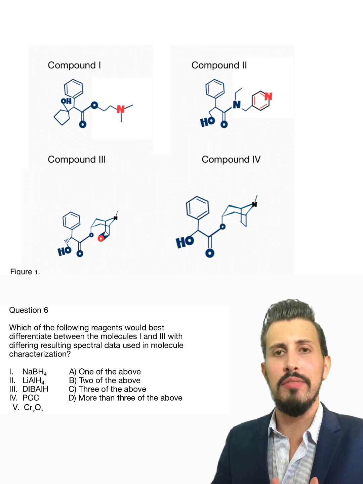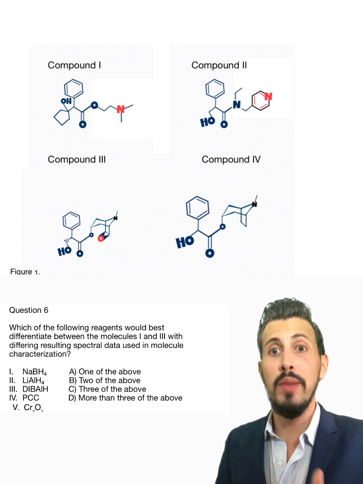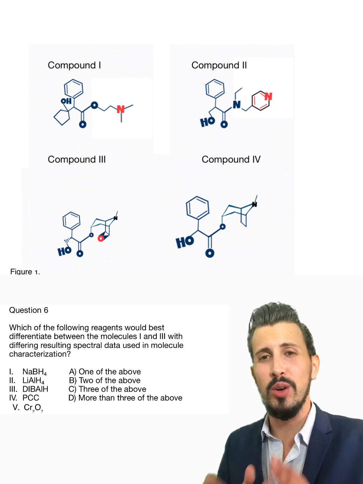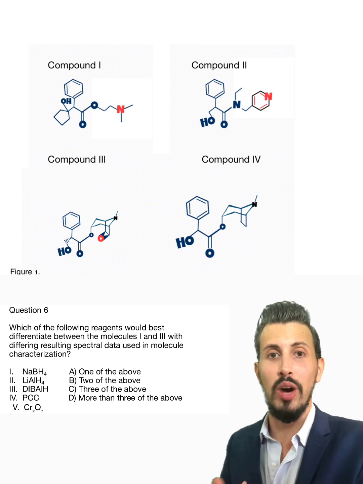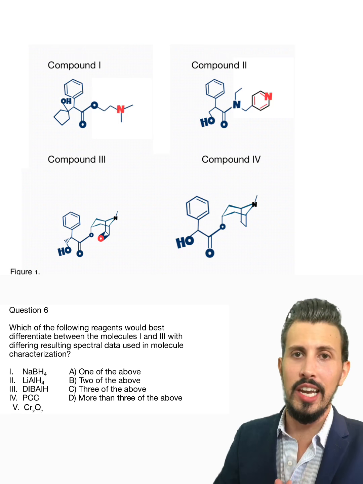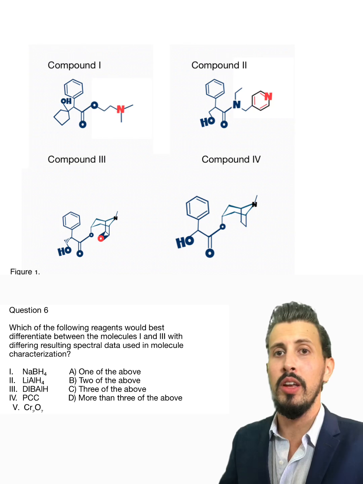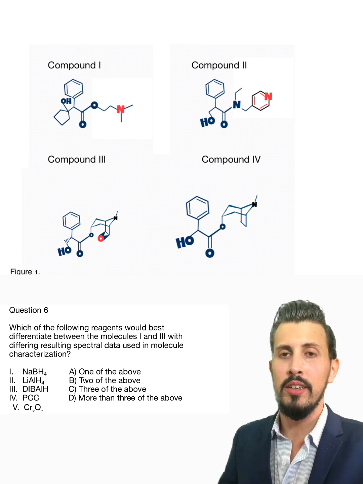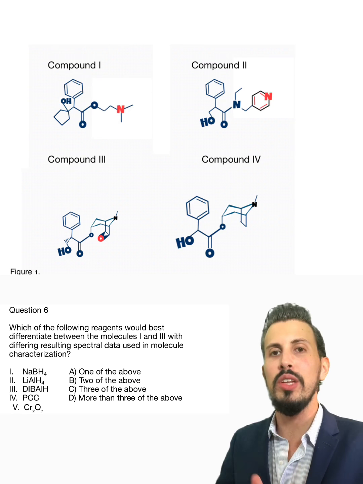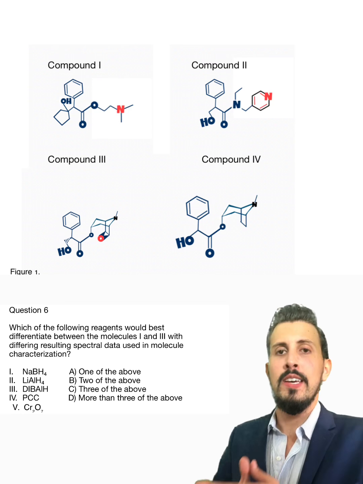And one fundamental principle that you have to know about oxidation is not the mechanism, but if you have a tertiary alcohol, you will not be able to oxidize it. Which is to say, in comparing a compound with a tertiary alcohol and a primary alcohol, if we use pyridinium chlorochromate, we're going to be able to oxidize only the primary alcohol.